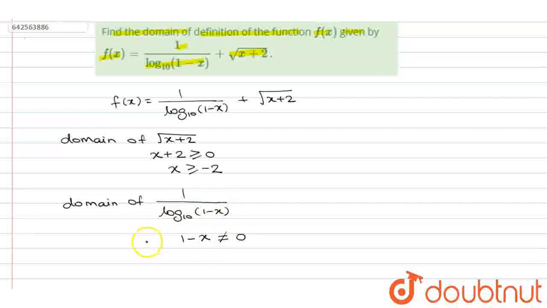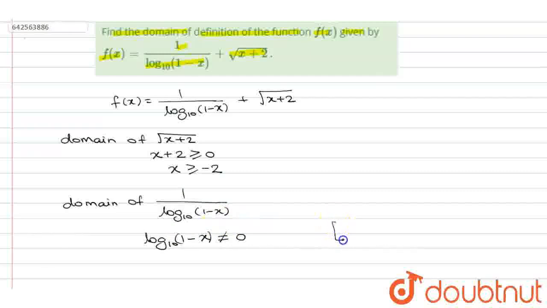So, wait, sorry: log base 10 (1 minus x) should not be equal to 0, since this is in the denominator, and we know that in a rational function the denominator should not be equal to 0, because it makes the function not defined.